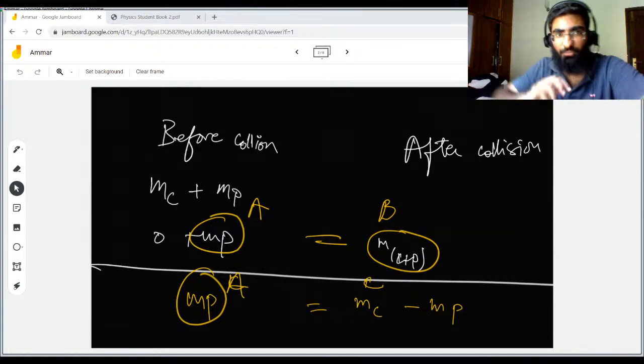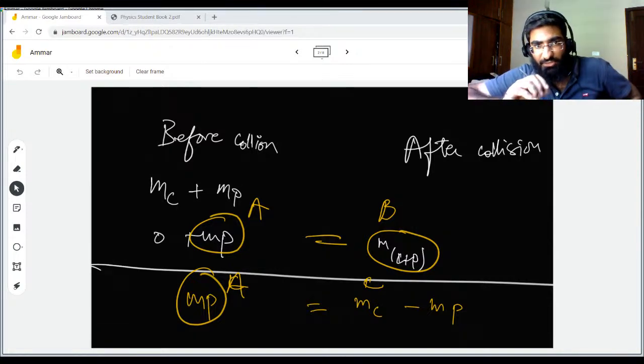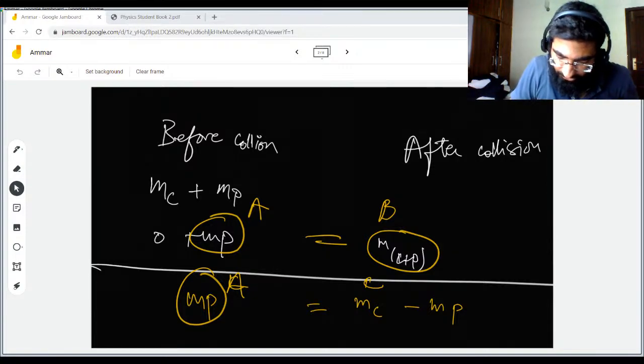In both cases, the momentum before collision was MP, the momentum of the pellet. All the momentum there was, it was the momentum of the pellet, right? So this is A in both cases.